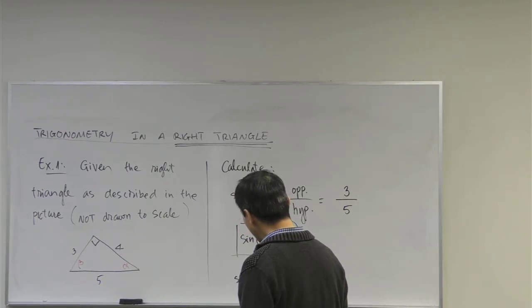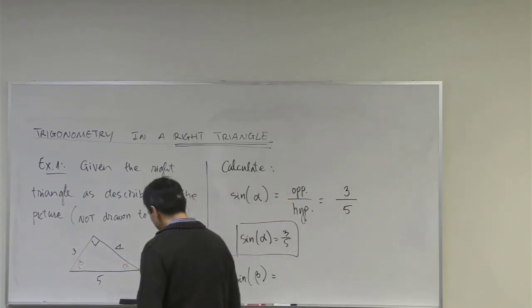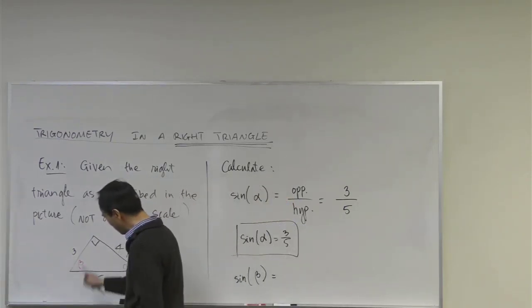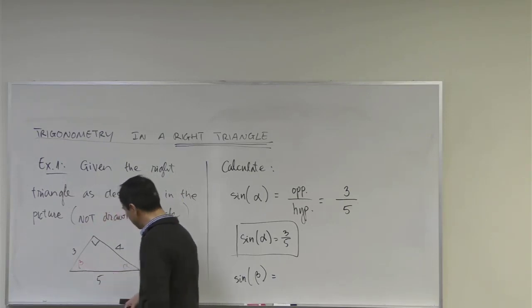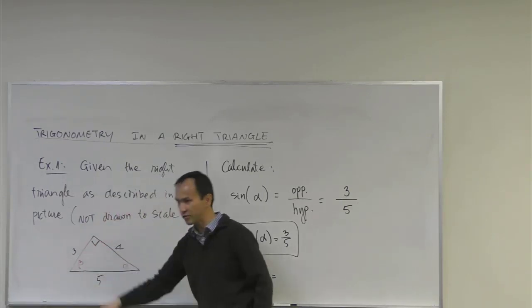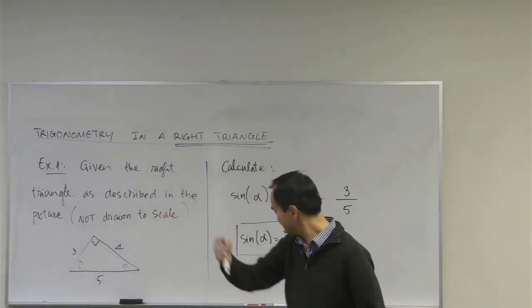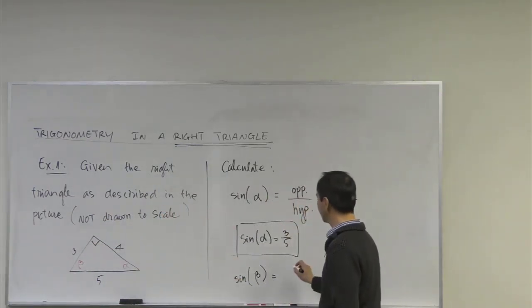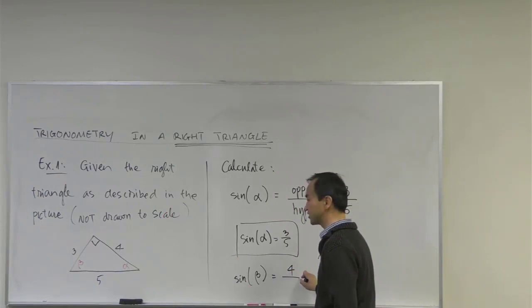Beta is right here. As you turn your attention to beta, which length among the two lengths here should be the opposite? Yes, 4. And your hypotenuse is 5, right? Yes, you found it.